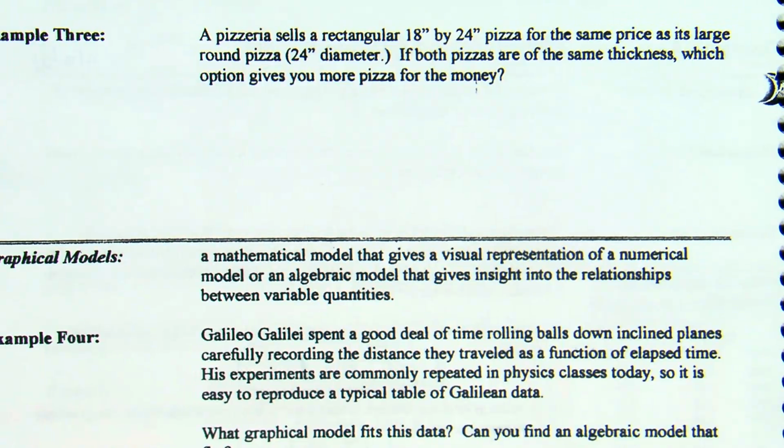If both pizzas are the same thickness, which option gives you more pizza for the money? So it's a better buy question. Which one's the better buy? They're the same thickness, different shapes with their individual dimensions.